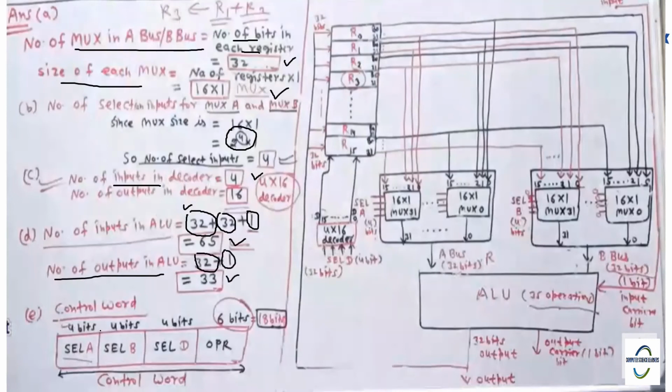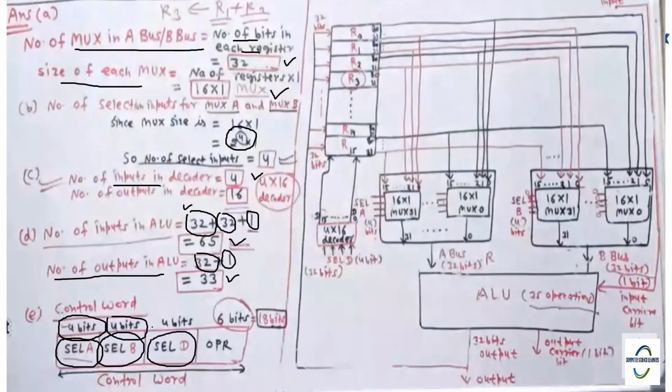And how do we design the control word? First one is select A, that is select bus A. So how many selection lines are there in each of the buses? 4. So 4 bits will be required. For select B, again 4 bits will be required. Then select destination.